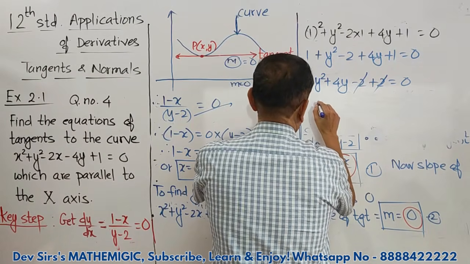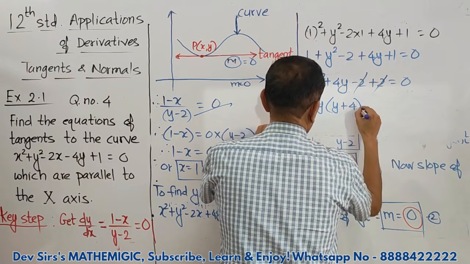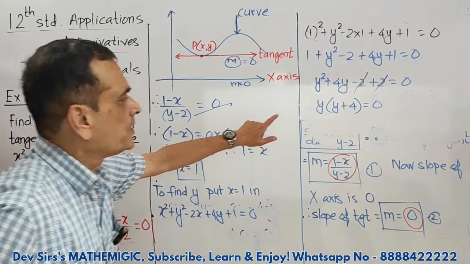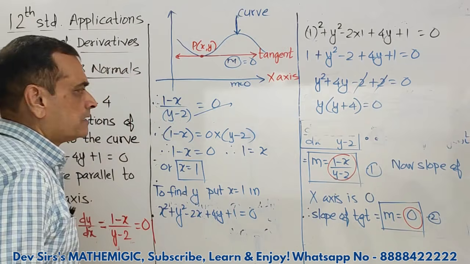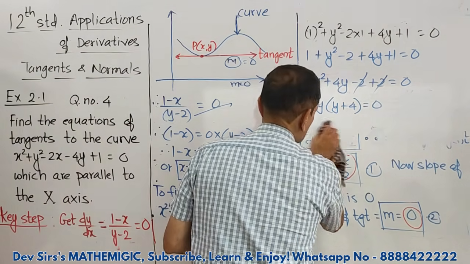सो वाई स्क्वायर प्लस 4y में से y कॉमन निकालो. सो y इंटू ब्रैकेट y प्लस 4 इक्वल टू 0. वाई स्क्वायर प्लस 4y में से y कॉमन निकाला है. So we get two values.